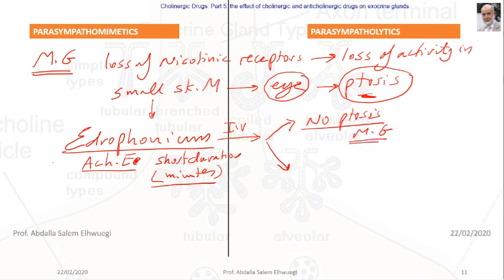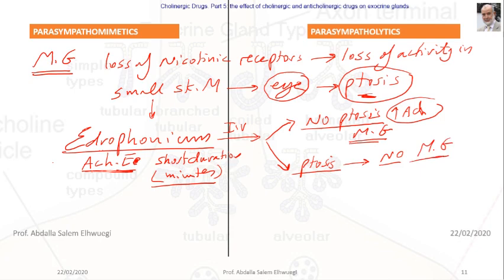Because edrophonium, by inhibiting cholinesterase, will increase the level of acetylcholine at the eyelid, and this will improve contraction of the skeletal muscle of the eyelid, and the ptosis will disappear. Now, if the ptosis is not removed, in that case, the person is not suffering from myasthenia gravis. It is another neurological disease. It's different.